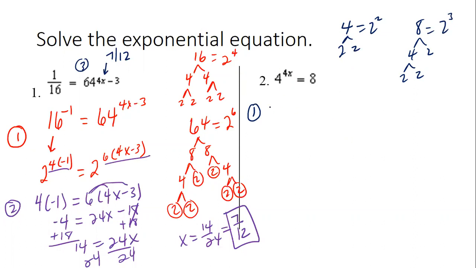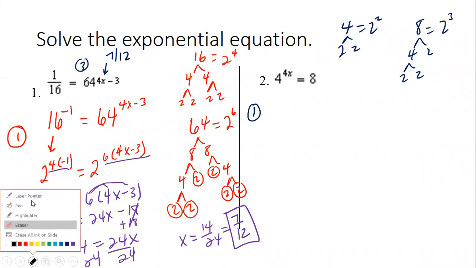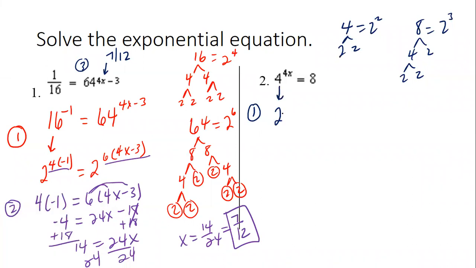So 4 is 2 squared, and we protect what was already there, which was 4x, equals, and 8 is 2 to the 3rd. So that's step 1, making sure they have the same base. Do they have the same base? Yeah. So step 2 is all you have to do is take the exponents and set them equal to each other.